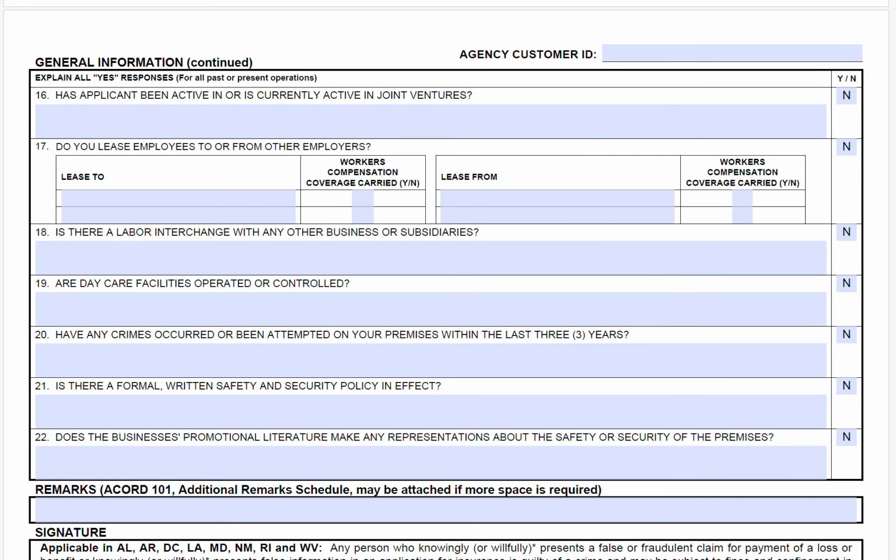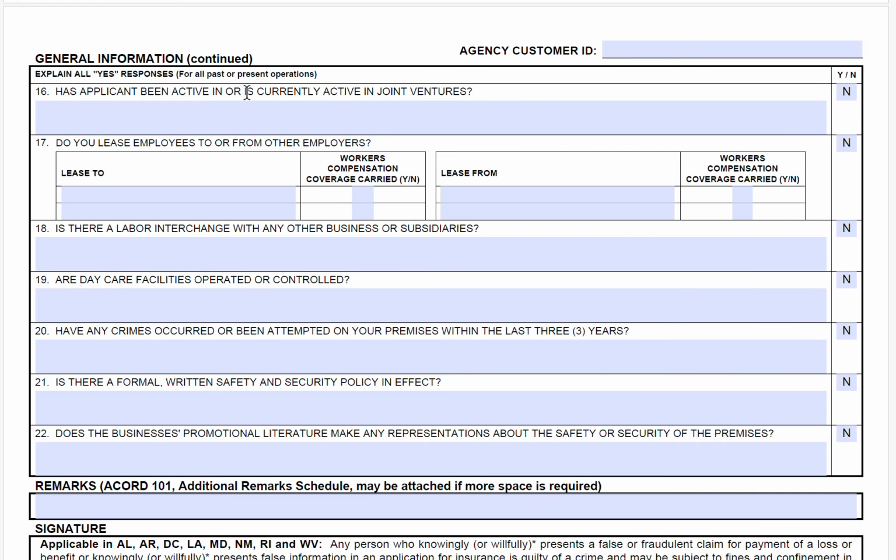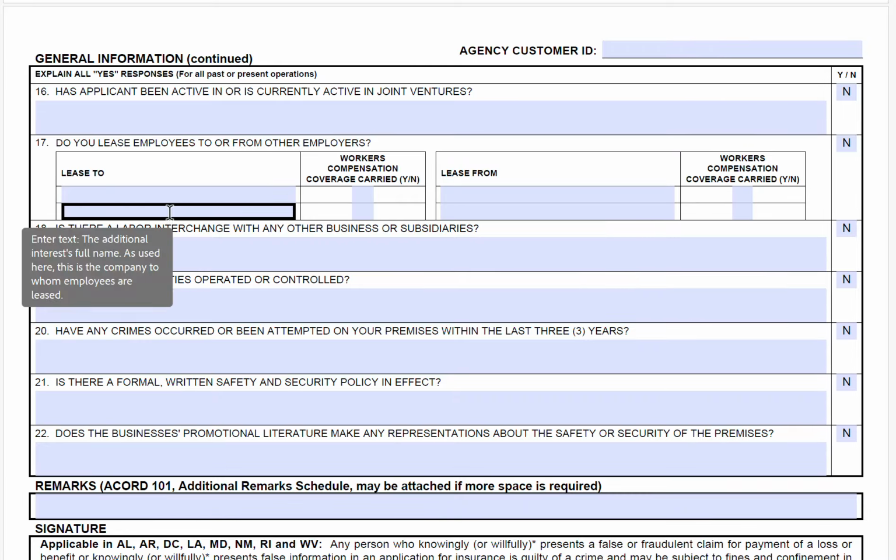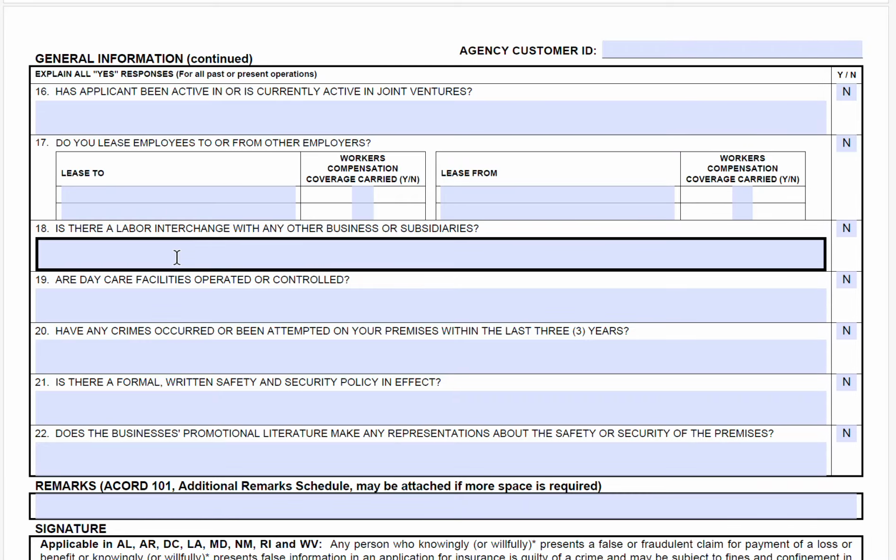The rest of these questions, if they're active in any joint ventures, whether or not they lease employees from other employers, this is important. Remember, we talked about this in our work comp class. So very important information here if they lease employees to or from other employers.